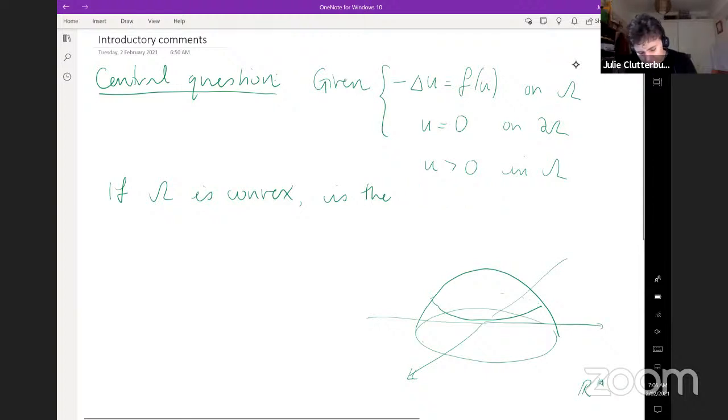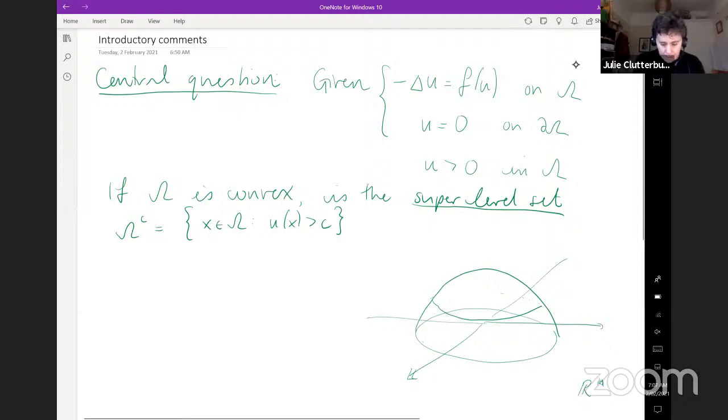Let me consider the super level set. So this is going to be given by omega c, and this will be all the points in the domain which sort of take on a value that's greater than c. And the question is that also convex?